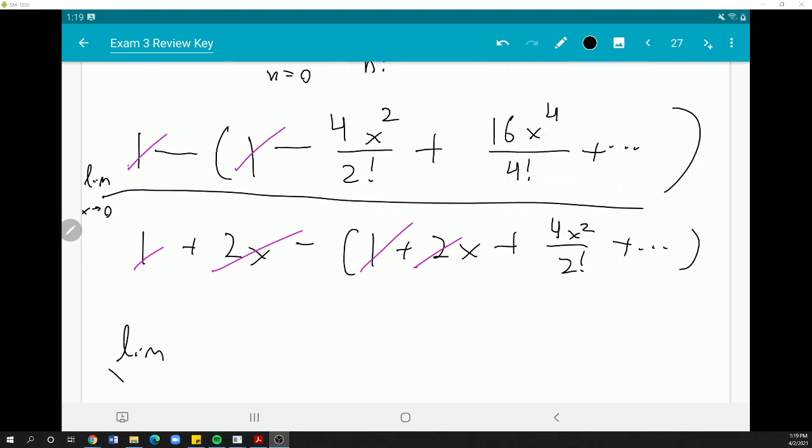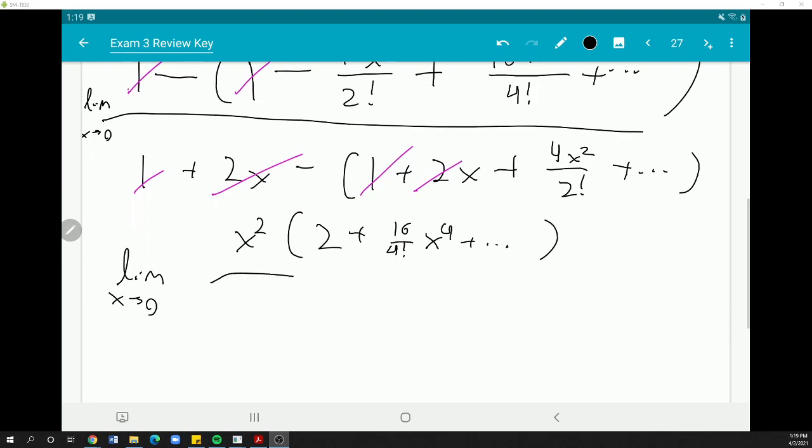So we're left with the limit as x goes to 0. Everything here is going to have at least an x squared on top. 4 over 2 factorial is 2. Plus the other terms I'm not going to worry about. I can also take an x squared out of the bottom. 4 over 2 is again 2. Plus some more stuff.